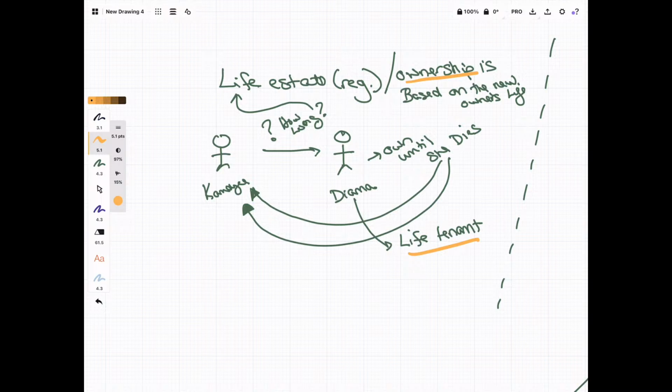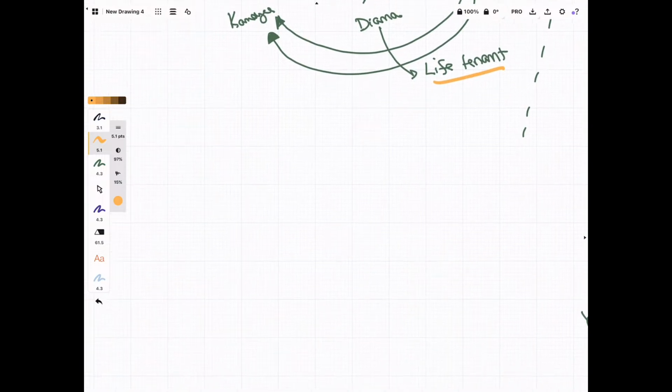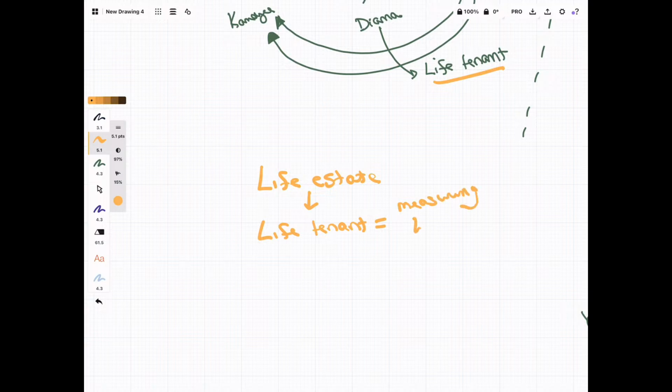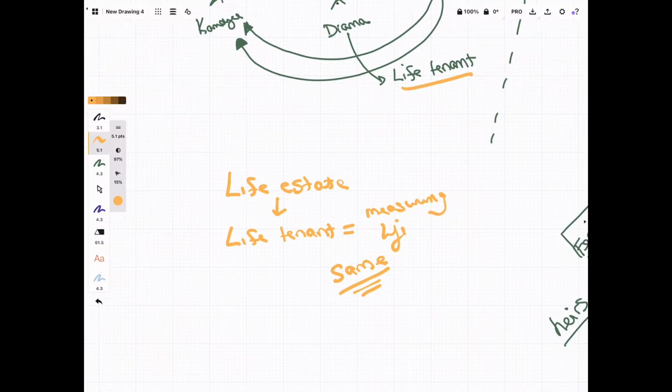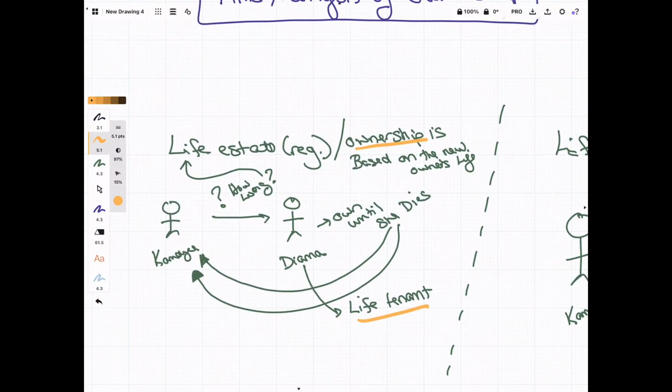And I'll tell you something. This is how I tell my students, guys. In a life estate, the life tenant is equal to the measuring life. It's the same. The measuring life in a life estate is Diana.